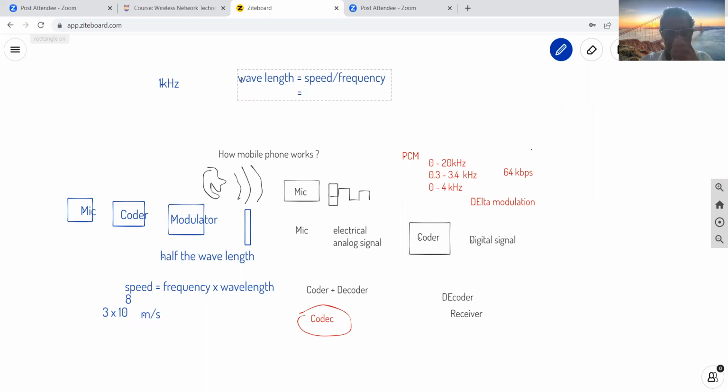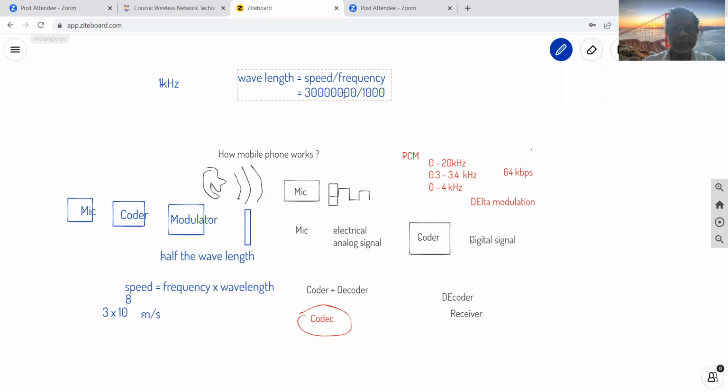Can somebody calculate and tell me the wavelength? 3 into 10 to the power 8, that is 3 with 8 zeros, divided by 1 kilo, 1 into 10 to the power 3, that is 1000.